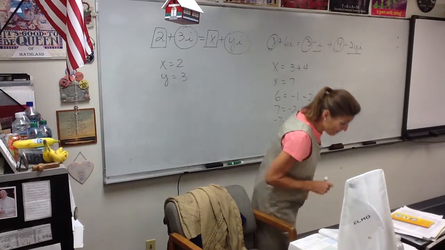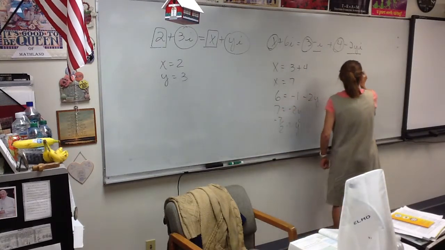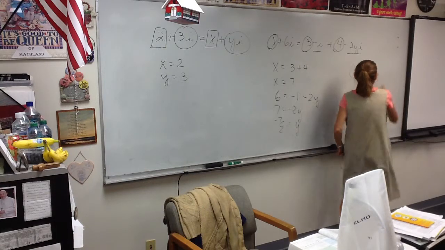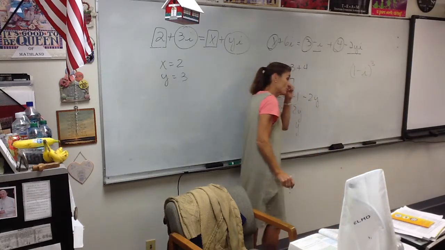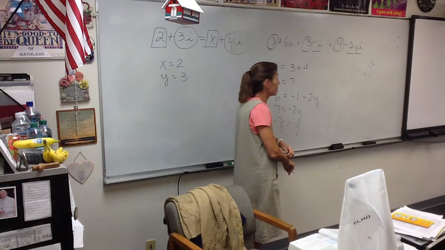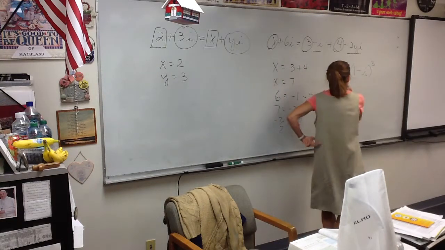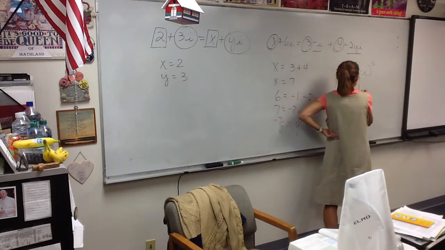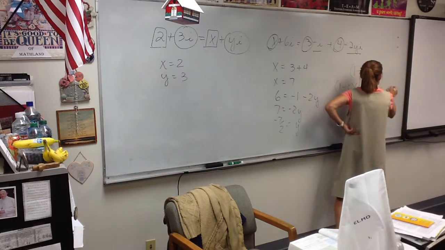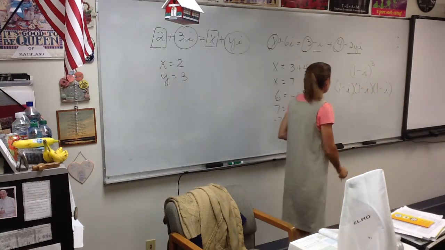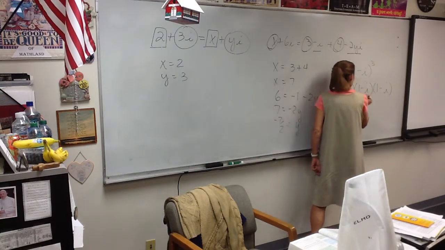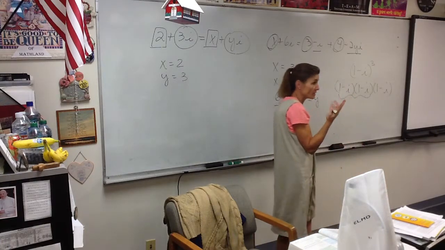26 says 1 minus i cubed. Later on we're going to learn a faster way, or maybe you did it last year, but for now we're just going to FOIL, FOIL, FOIL, right? 3 of them. So we'll multiply these 2 together first. Remember, when you multiply, you can only do 2 at a time.